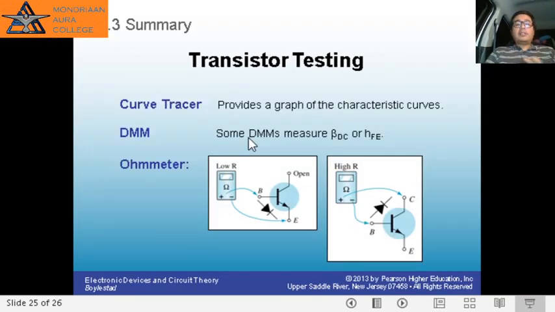How do we test transistors? Meron tayong method para matest yung mga transistors natin kung gumagana ba siya. Ako normally I use a multimeter na merong transistor checking function. Meron siyang emitter, base, and collector na butas, and then pipihitin lang natin sa HFE, itutusok natin yung transistor dun sa mga butas na yon.